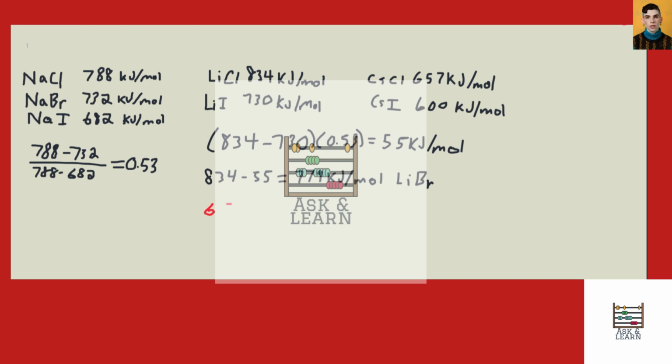So what we're going to do is take the difference here and multiply by 0.53. We're going to take the difference, 657 minus 600, times 0.53.